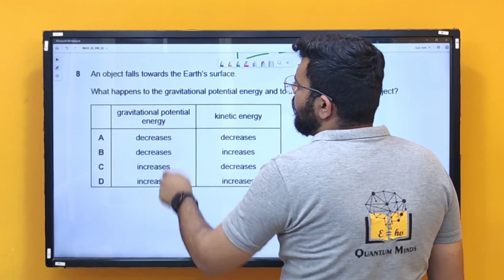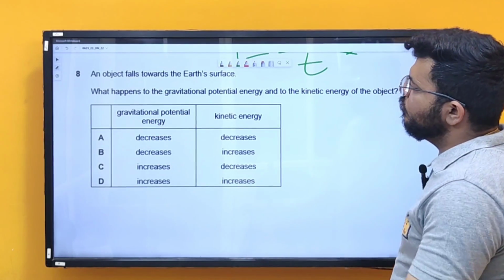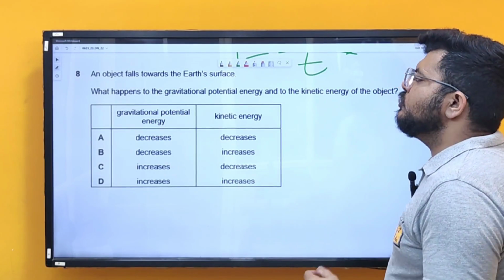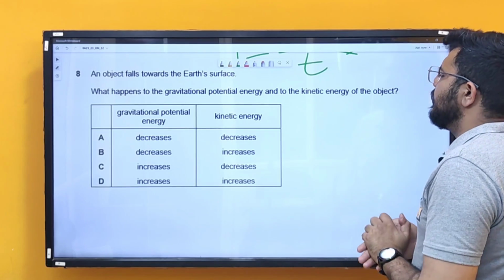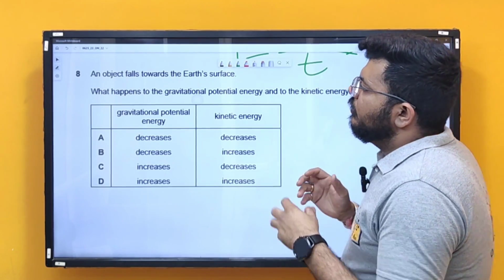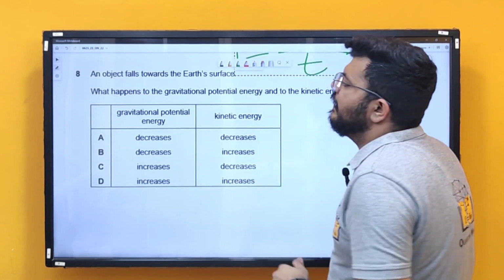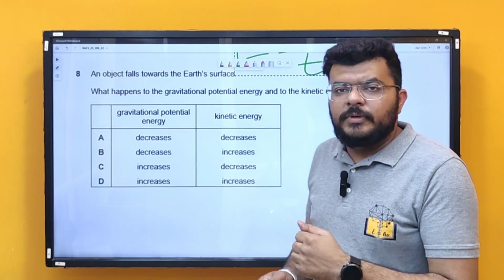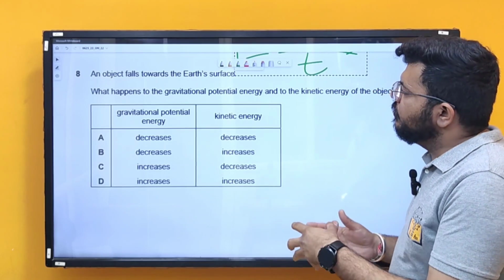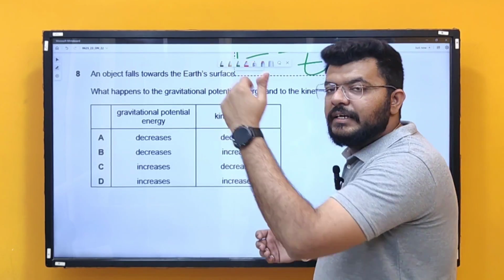Then we have question number 8. An object falls towards the earth's surface. What happens to gravitational potential energy and kinetic energy of the object? Now, the law of conservation of energy states that energy can neither be created nor be destroyed. Gravitational potential energy is due to height.